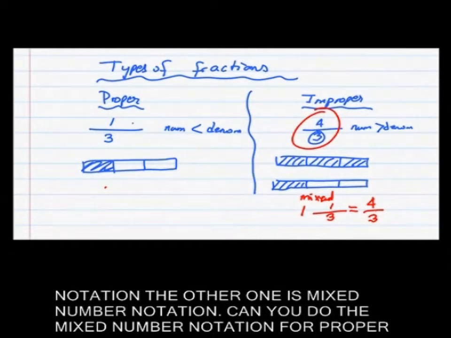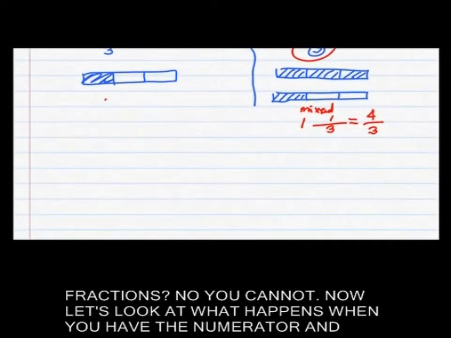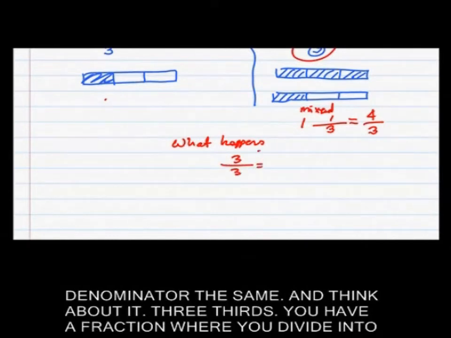Can you do the mixed number notation for proper fractions? No, you cannot. Now let's look at what happens when you have the numerator and denominator the same. Think about 3/3.